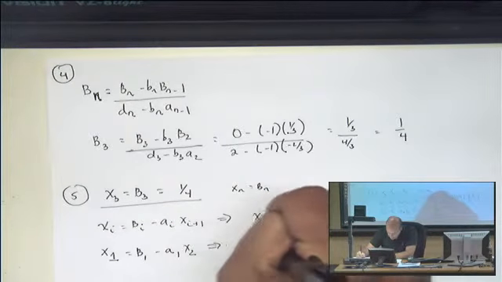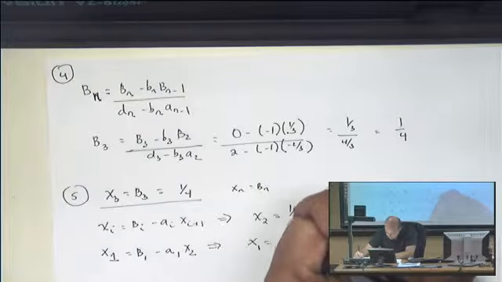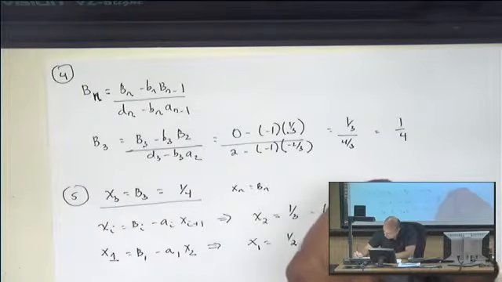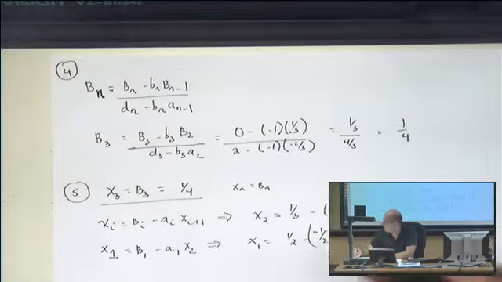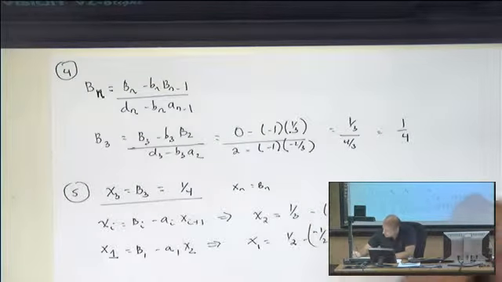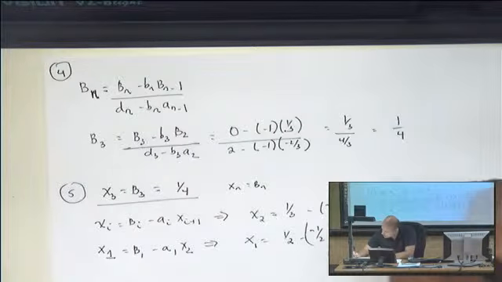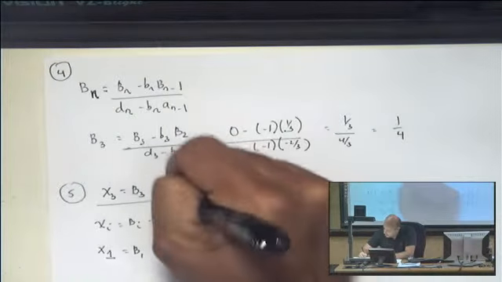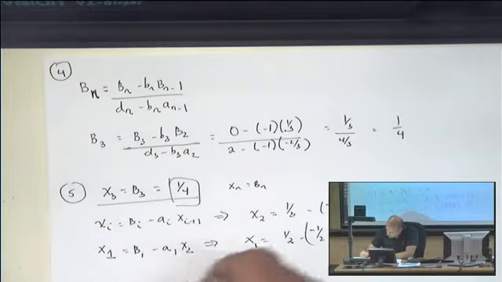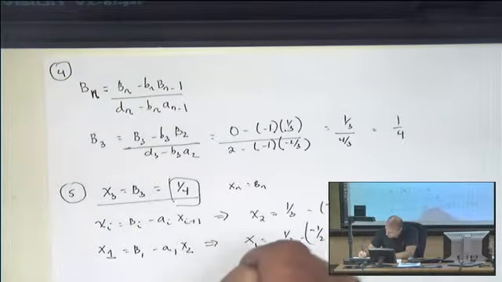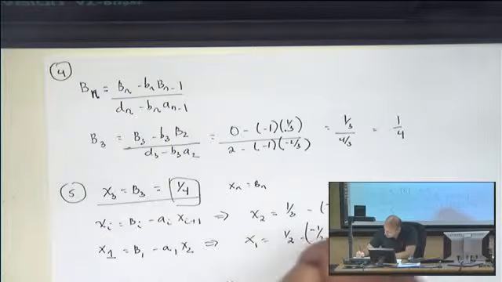Therefore, x1 is equal to 1/2 minus negative 1/2 times 1/2, and that's equal to 3/4. So my final solution says that x1 is equal to 3/4, x2 is equal to 1/2, and x3 is equal to 1/4.